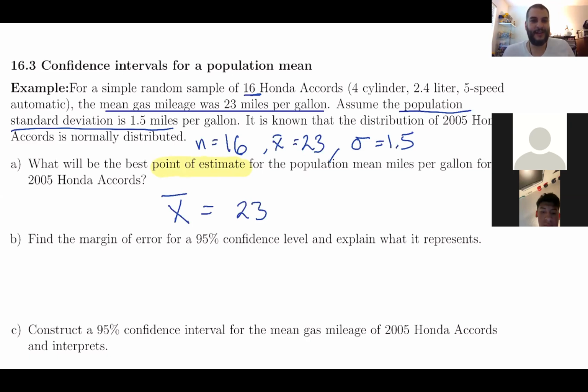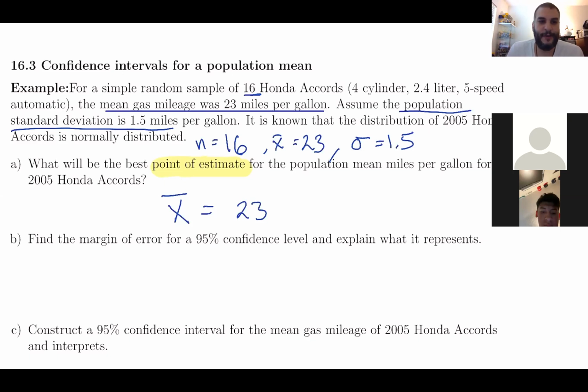Because if you remember, a sample mean should give us a good indication of what the population mean should be, because the sample mean should be pretty close to the population mean. It might not be exactly correct. Well, it most likely is not going to be exactly correct, but it should be close to 23 miles per gallon. All right. Any question in regard to how I got X bar is equal to 23?